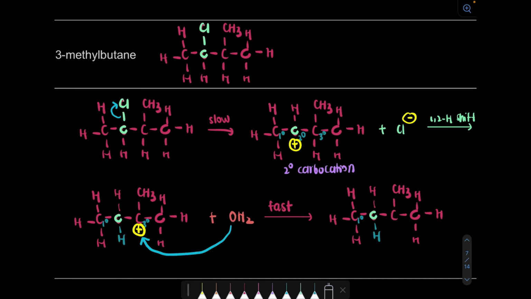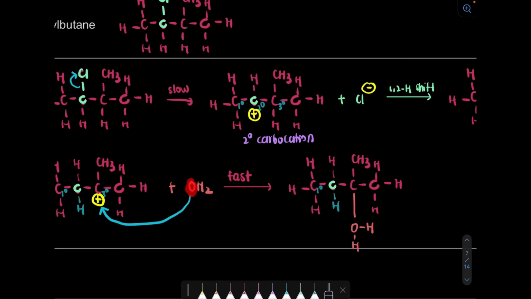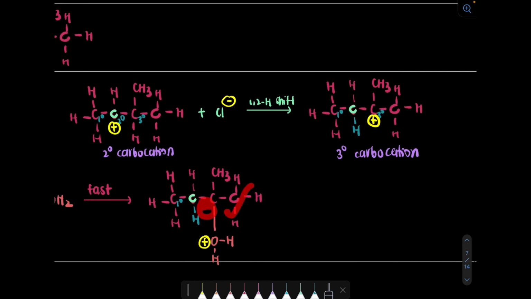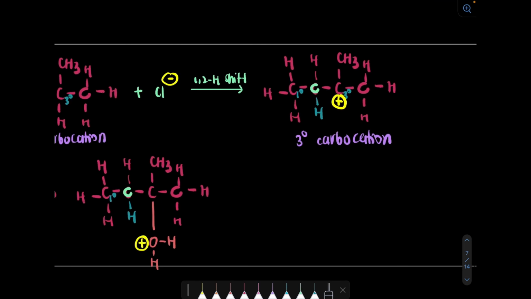But this time, when I attack with H2O, I want to do the expanded version, because later we want to break the hydrogen bond. Again, because oxygen has donated electrons, it is positively charged, and the carbon has accepted, so it has no charge. Right now we're going to react it again with our nucleophile.